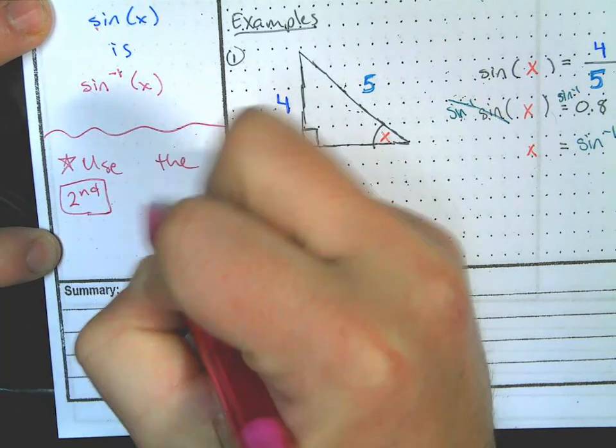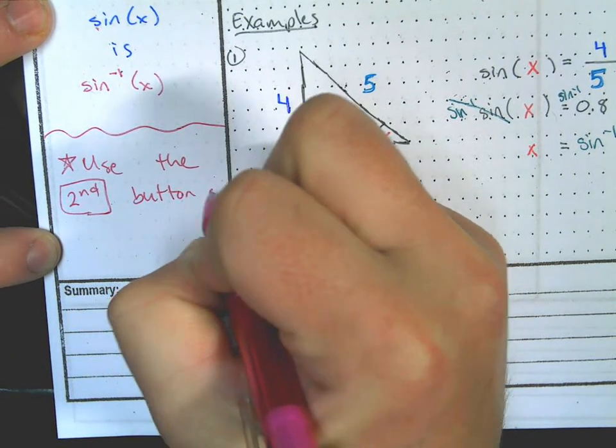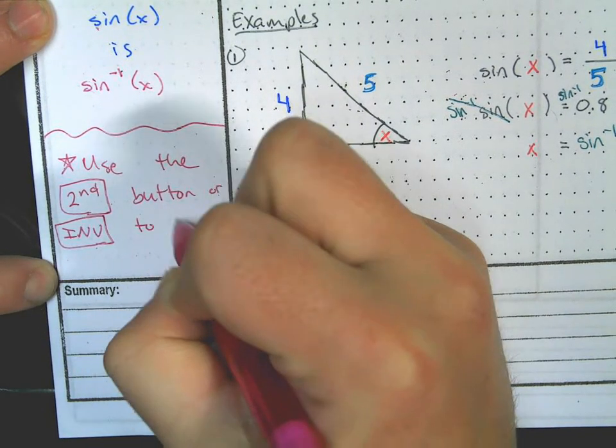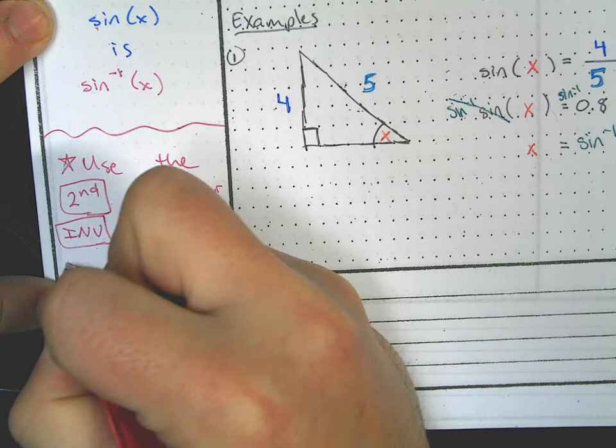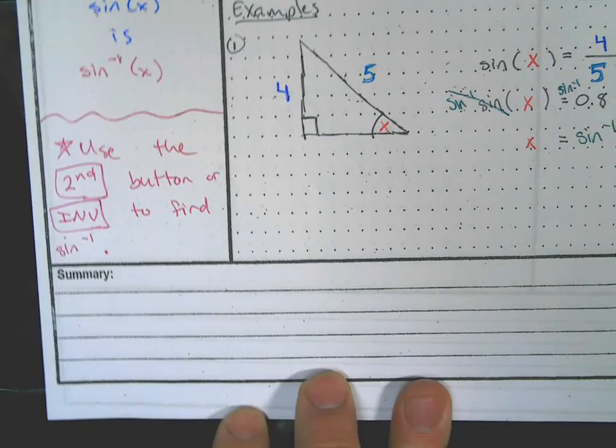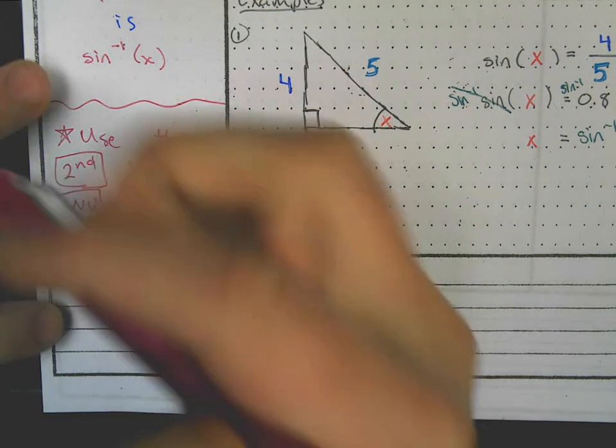Use the second button or inverse button to find sine inverse on your calculator.